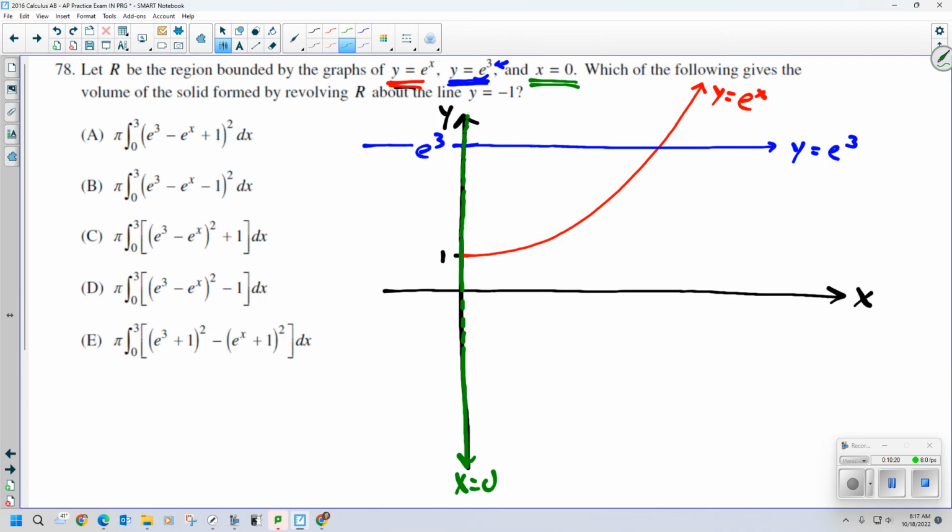x equals 0. So they're going to take this solid and revolve it around the line y equals -1. Okay, so, oh man, we need another color. Let's go, I mean, orange, we'll go to this minty green. y equals -1.